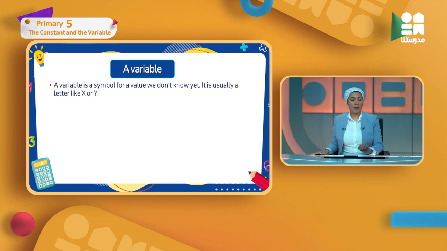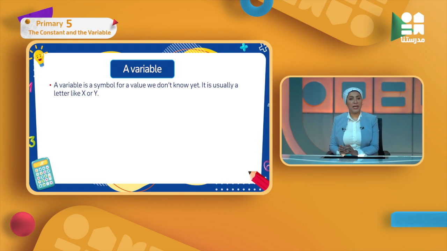Okay? So a variable is a symbol for a value we don't know yet. It is a symbol for a value but I still don't know what it will be.